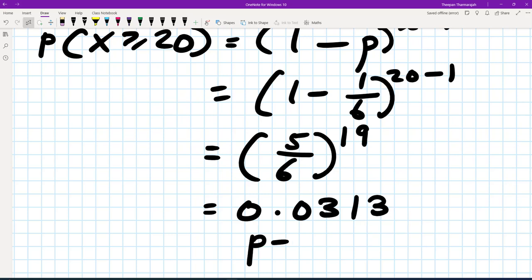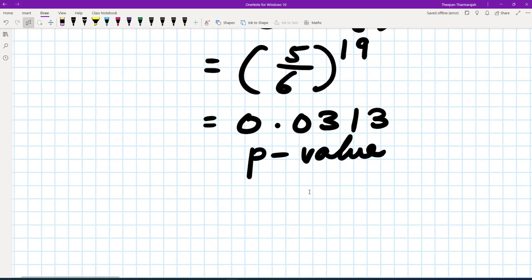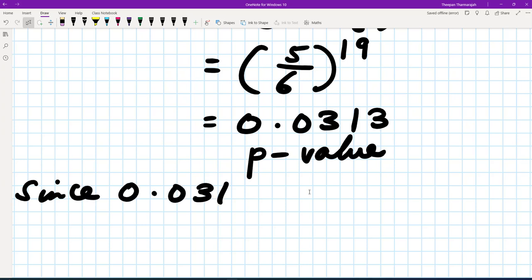I said to you that this is known as the p-value. So we can say since our p-value, 0.0313, is strictly less than 0.05, we do our usual conclusion.